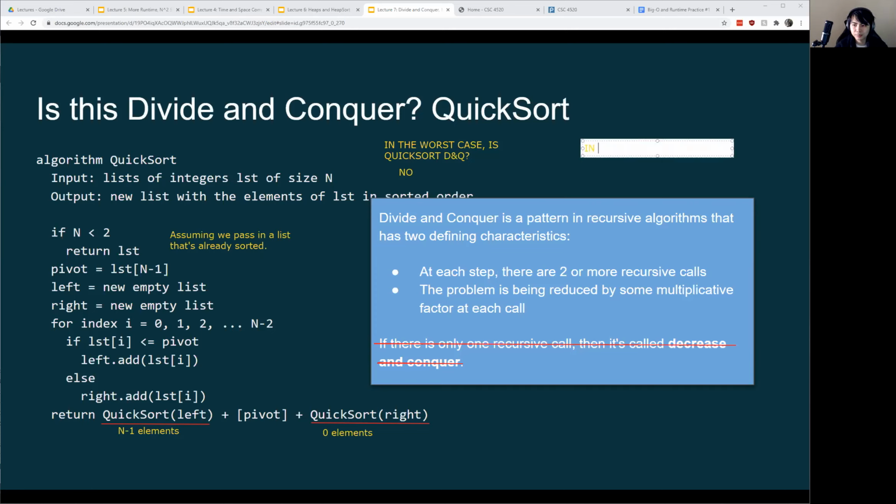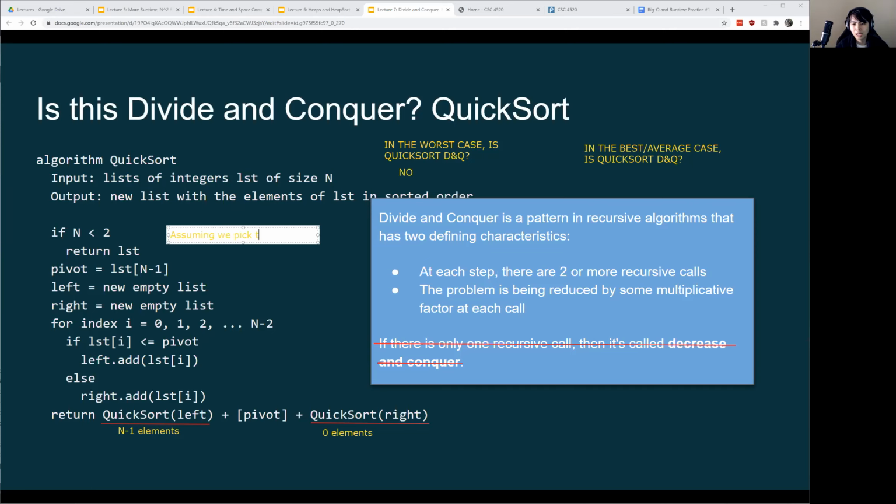In the best case, and also the average case, is quicksort divide and conquer? Based on what we just talked about, if we have a list that's already sorted, this is the worst case, and the answer is no. If we pick the perfect pivots, right? So remember, I made a big deal of saying that we can pick the perfect pivots for this partition.